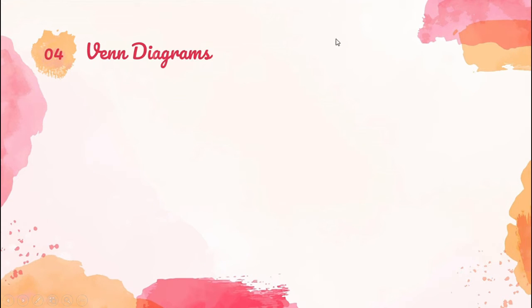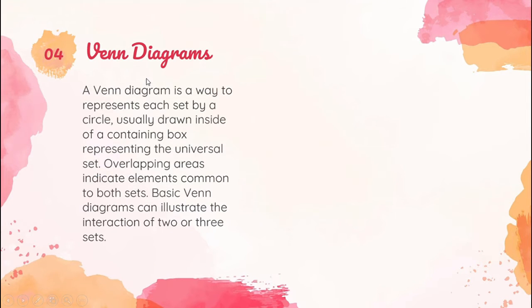Okay. 4. We are talking about Venn diagrams. A Venn diagram is a way to represent each set by a circle, usually drawn inside a containing box representing a universal set. Overlapping areas indicate elements common to both sets.